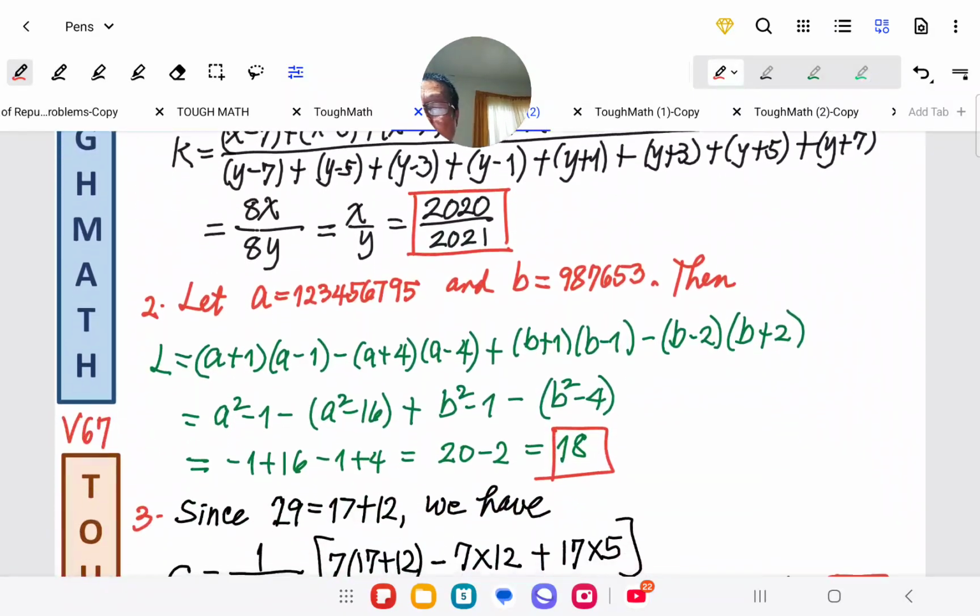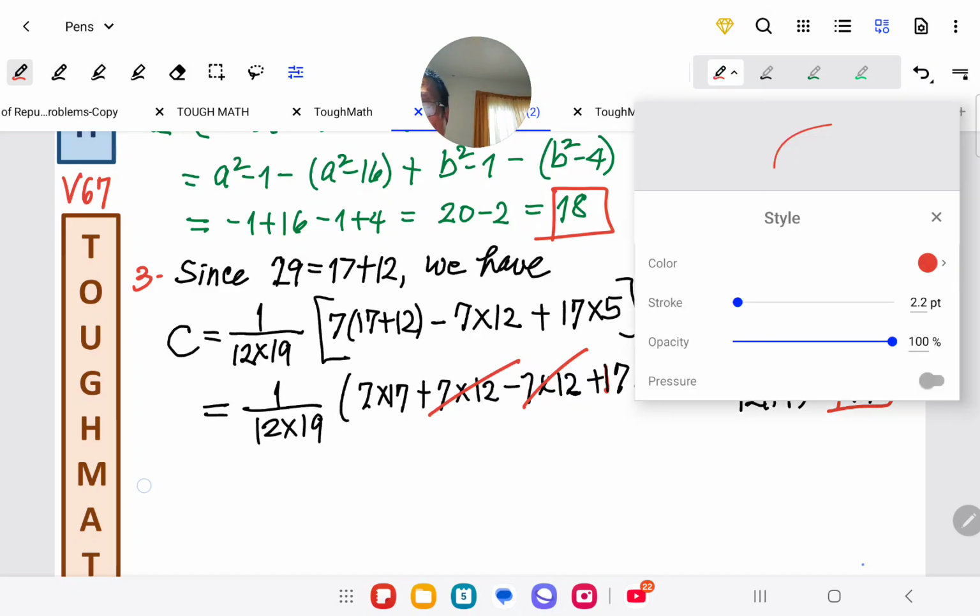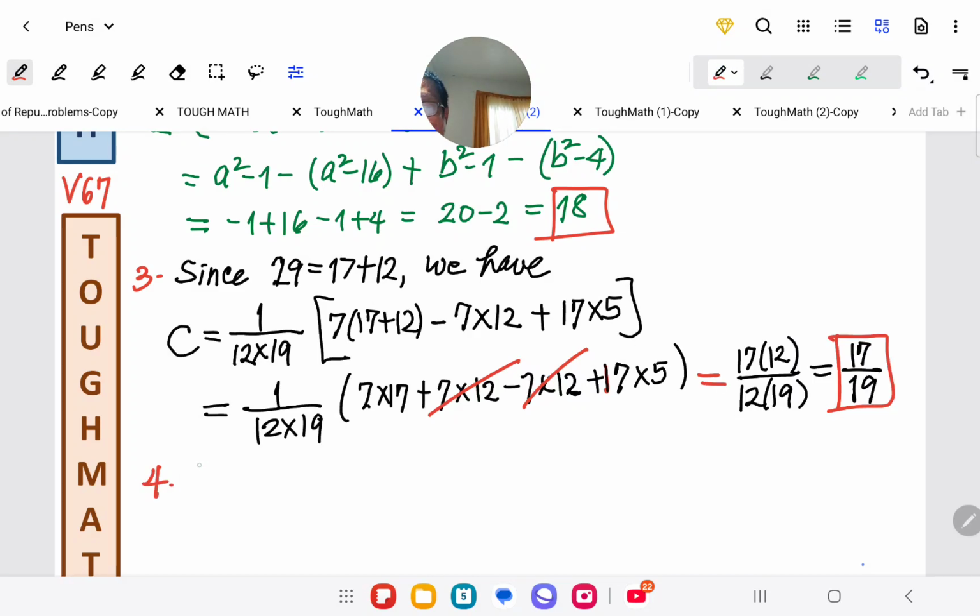So here in number 4, let x be equal to 4062 and y be equal to 6093.